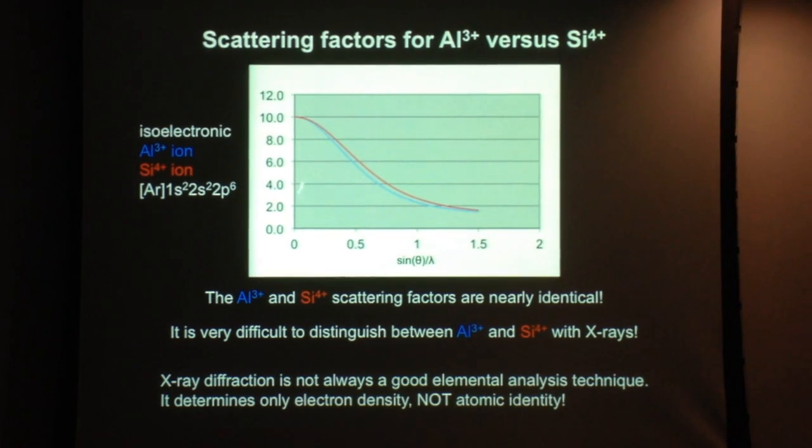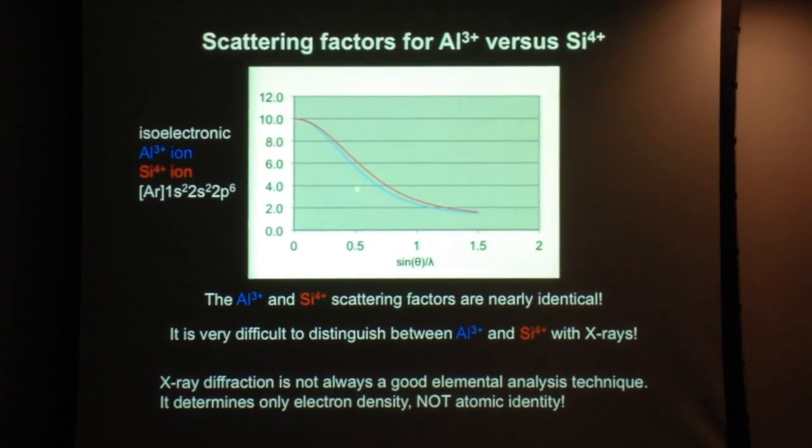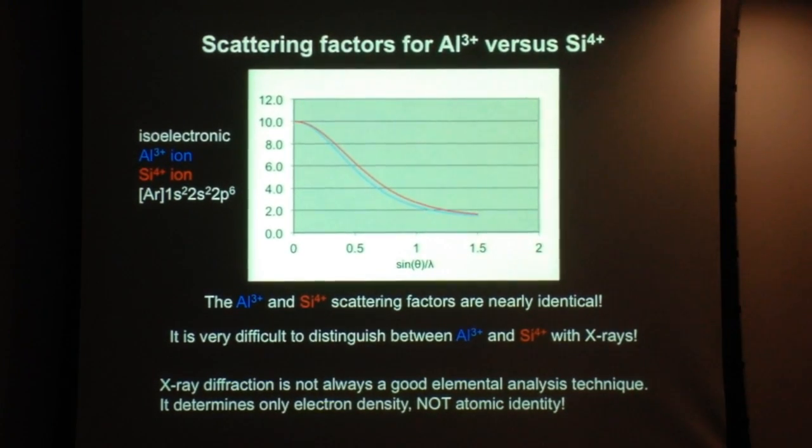In any event, the curves for these two isoelectronic atoms are very similar. They both are 10 electron instances, so they've got that point in common. As you follow out their calculated scattering factor curves, there is very little difference between aluminum ions and silicon ions.